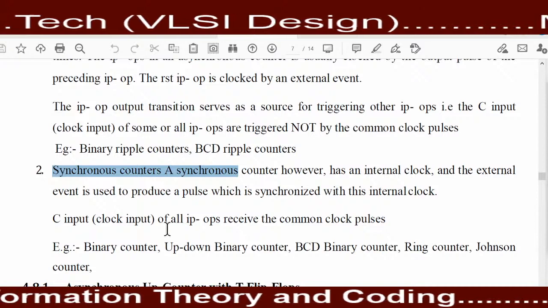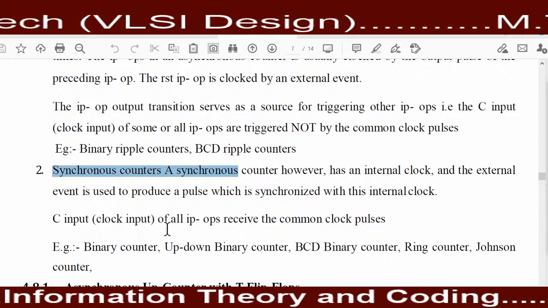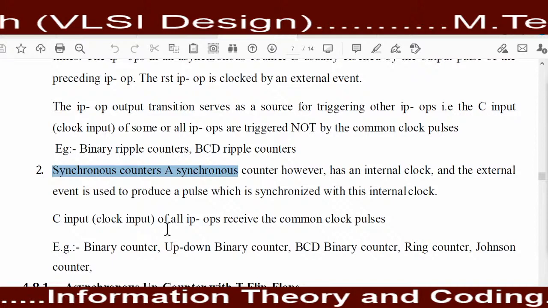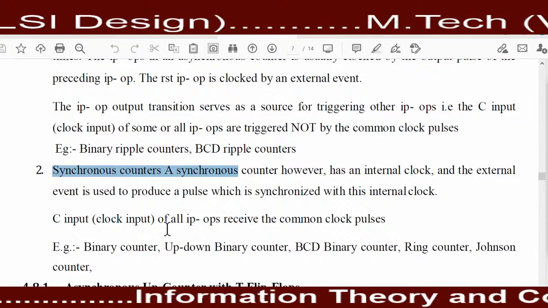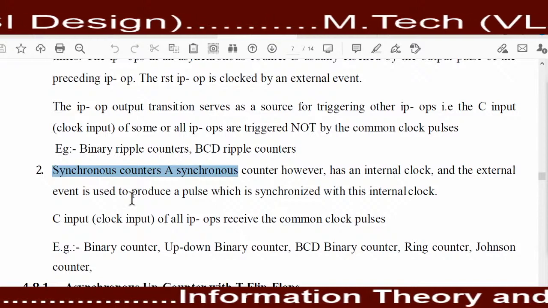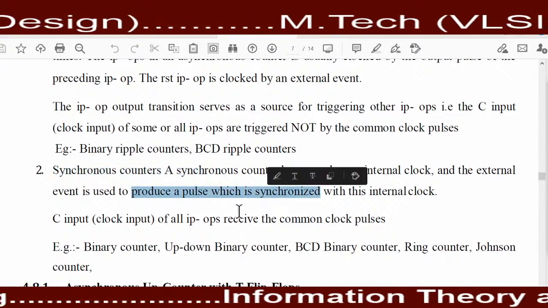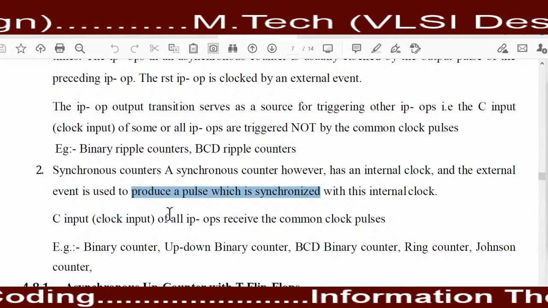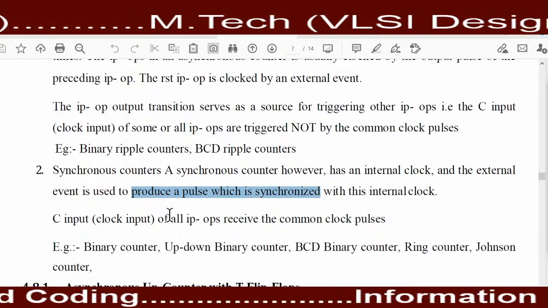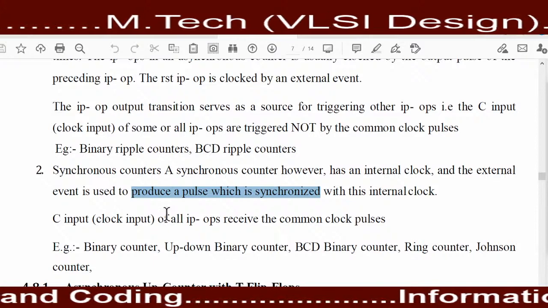So if all flip-flops get the clock pulse in the same time interval, then definitely they will provide the output in the same time interval. So that's why this synchronous counter is the fastest among all the different types of counters because of its characteristics.